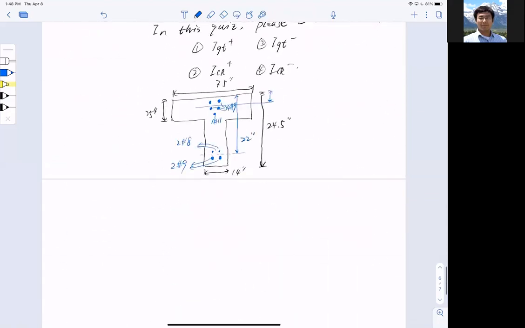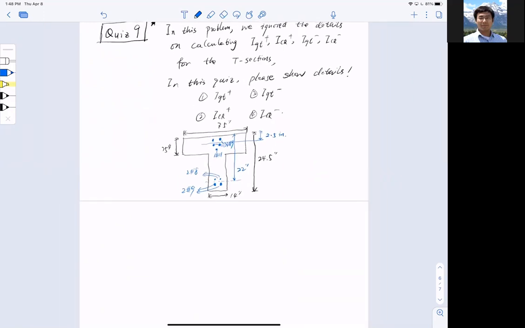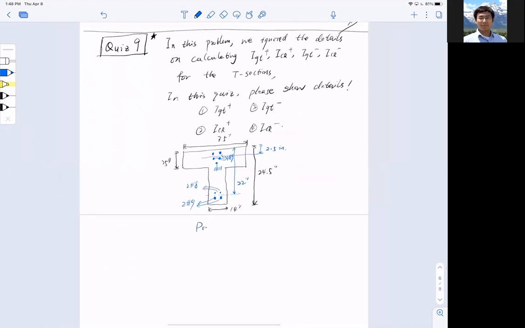Let me take a check here. Let's try 2.5 inch. All right, so this is under the positive moment. Think about the negative, you just flip it. All right, so this is quiz 9.